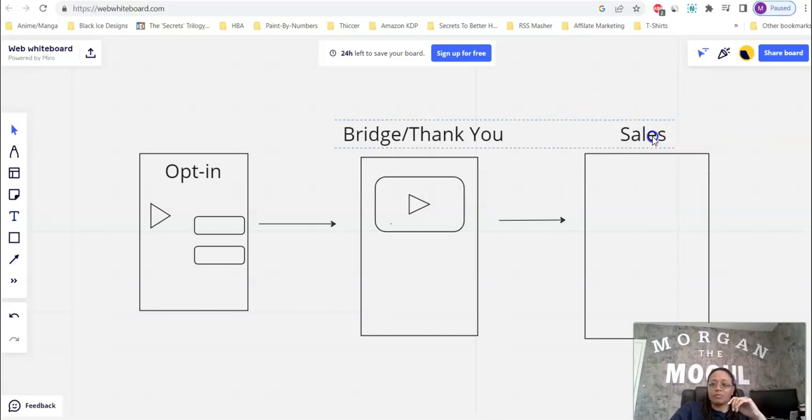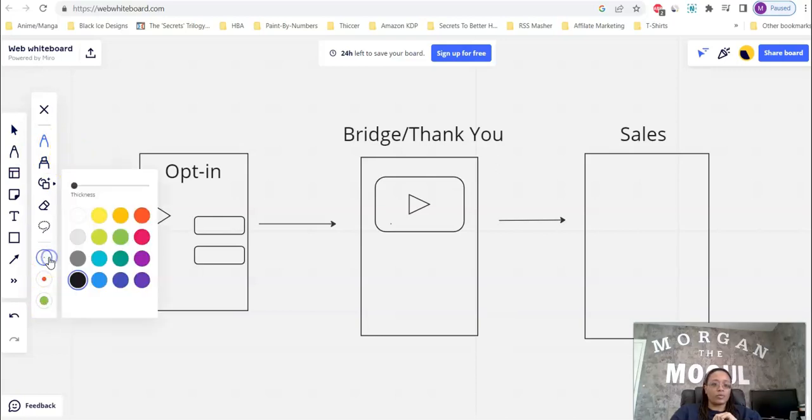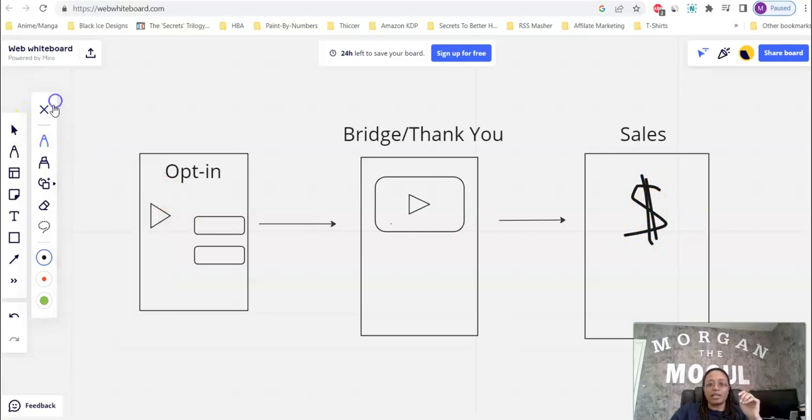On this sales page, you're pretty much going to have either another video or a checkout cart. This is the page that makes the money.